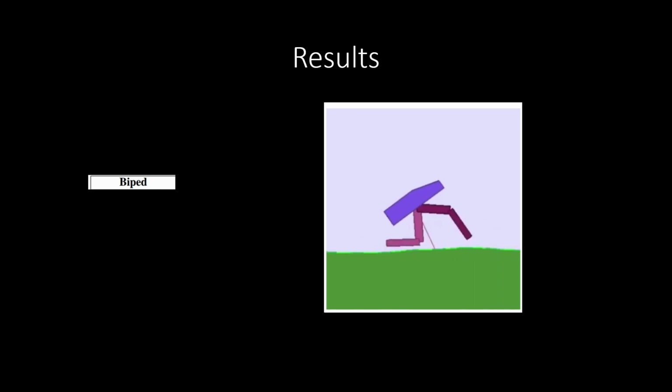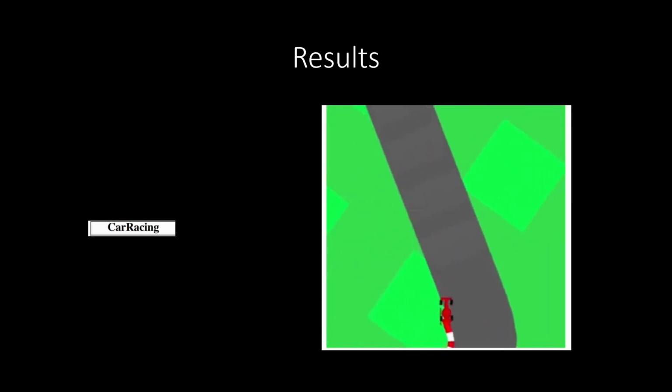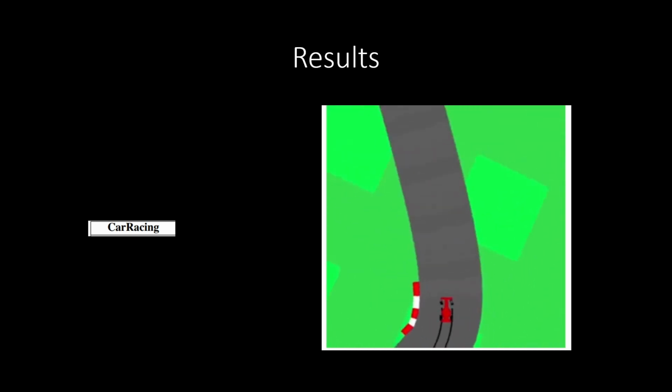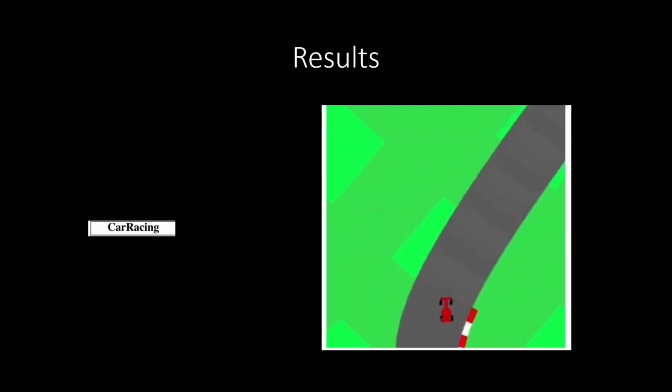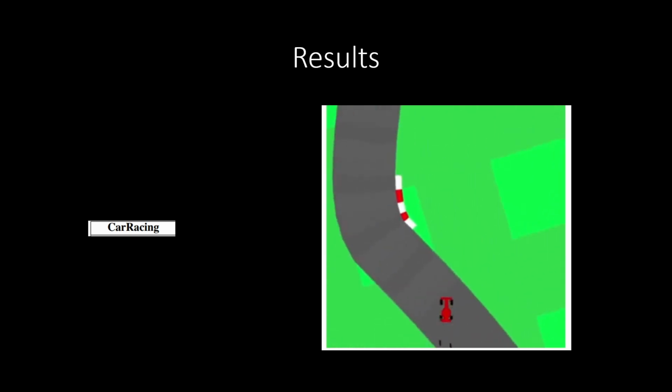The second is a bipedal walker, which involves guiding a two-legged agent across randomly generated terrain, and the rewards are awarded for the distance traveled. And lastly, the car racing task, where a car is controlled and is tasked to visit as many tiles as possible of a randomly generated track within a time limit.